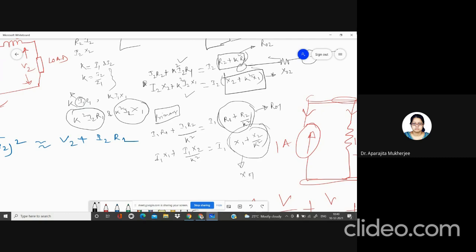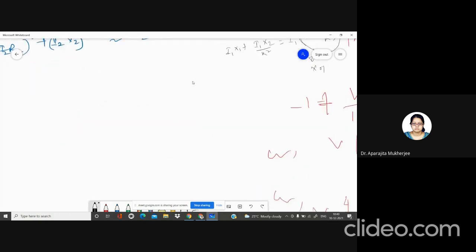And if you further want to draw the equivalent circuit that is referred to primary, so there we can write the R1 will be there, X1 will be there, that is the resistance and reactance of the primary, and the whole circuit will be referred to primary, that means the secondary will be referred to primary, and we can attach another resistance and reactance with suppose the load, and this is my V1. So what will be the value of this resistance and reactance?